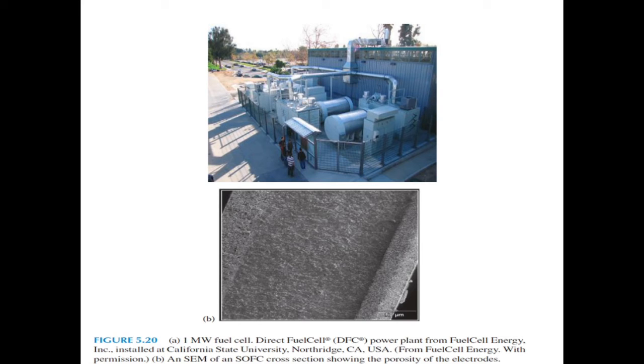Smaller systems, 7 kilowatt, about the size of a refrigerator, are produced that can provide all the power necessary for a house, and the heat produced can also be harnessed to provide hot water.